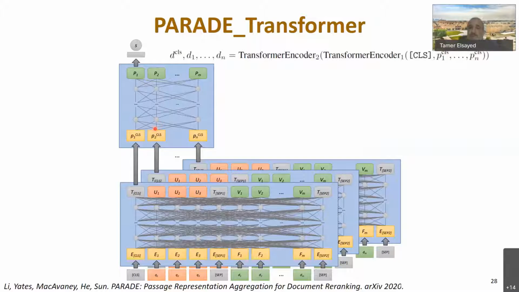The third one was the attention weighted, so we will learn a weight matrix to give a weighted average of these embeddings. The fourth one is using a transformer model to learn embeddings for the document, given the embeddings for individual passages. Any questions? Is the idea clear here?